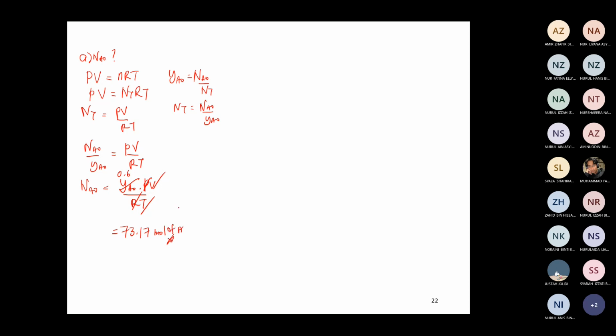So for the B, kita boleh guna balik daripada sini, sebab CA0 is equals to NA0 over V. So daripada situ kita tahu what is NA0. NA0 is equal to YA0 times P times V over RT.